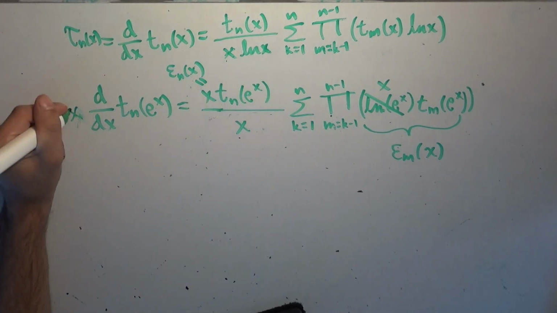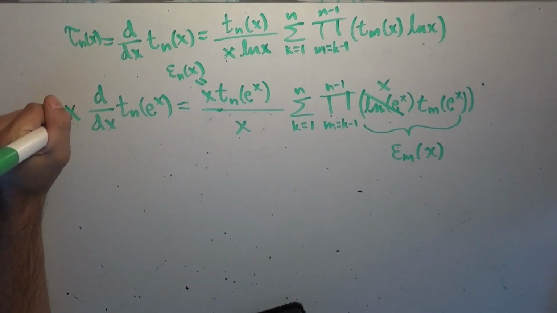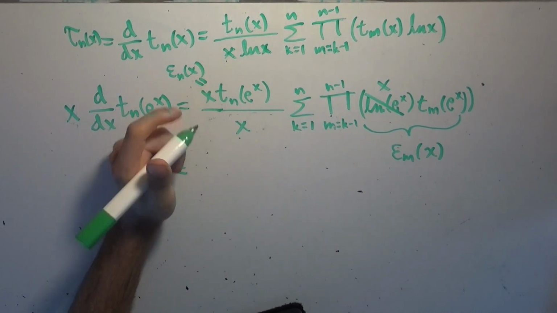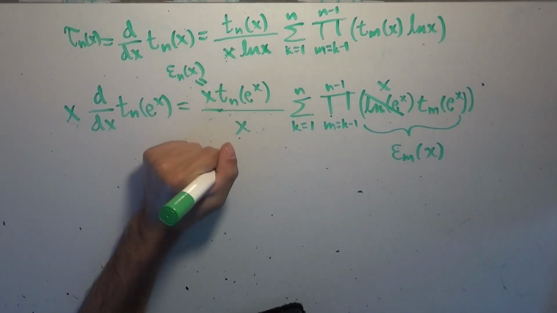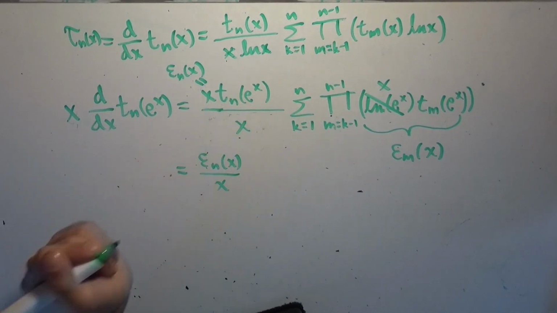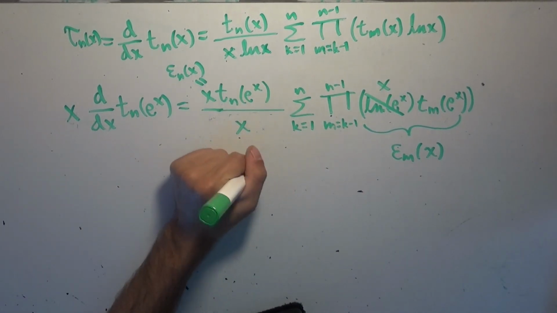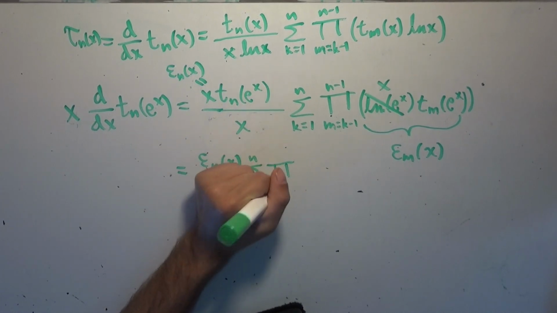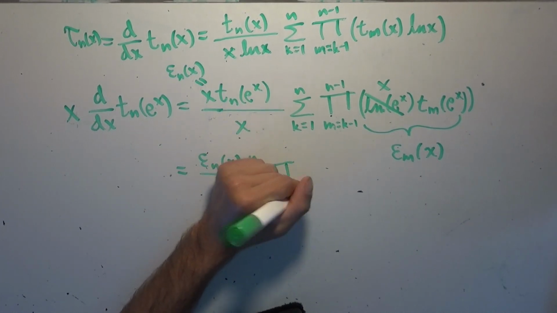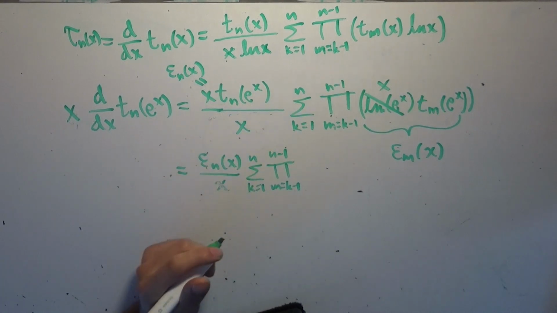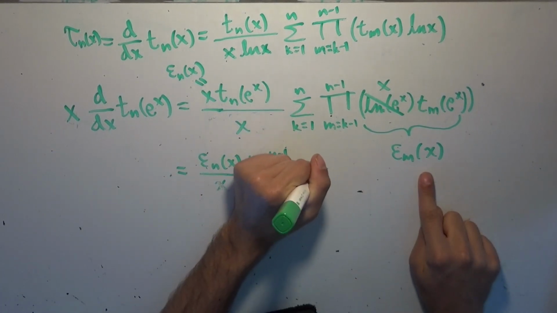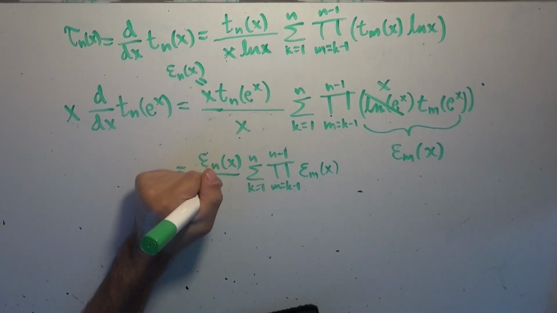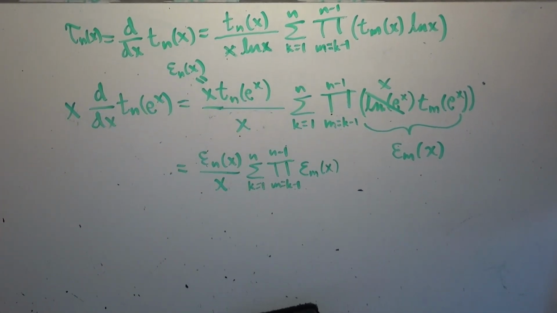So as it turns out, this expression, x times the derivative of the nth tetration of e to the x, is equal to the nth epsilon function divided by x times the sum from k equals 1 to n of the product from m equals k minus 1 to n minus 1 of the nth epsilon function of x. A very, very nice expression indeed.